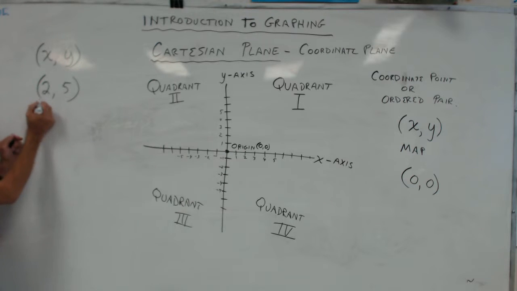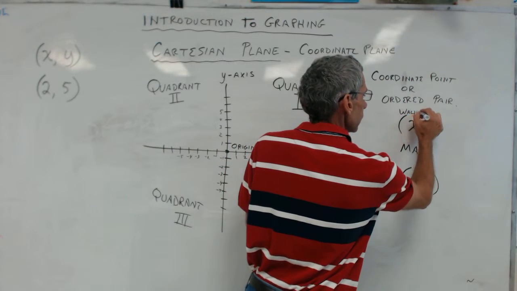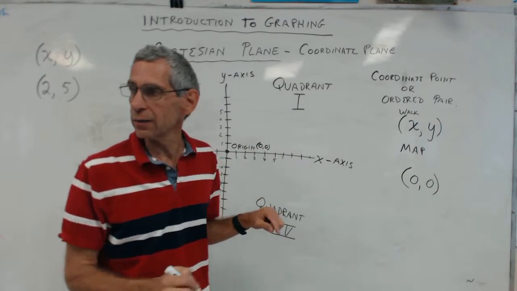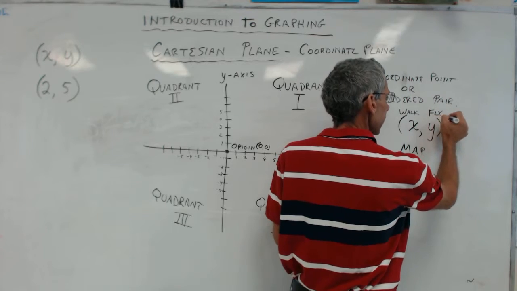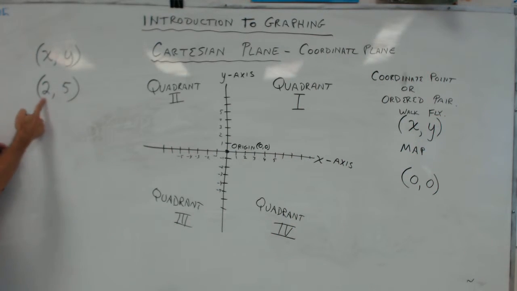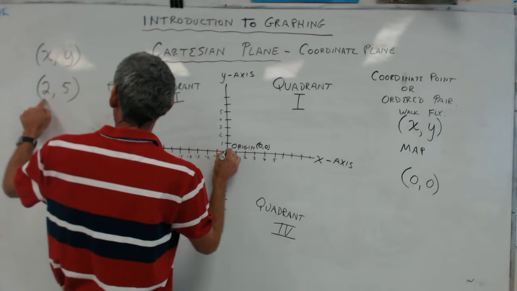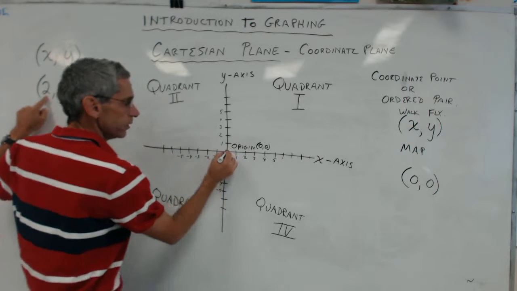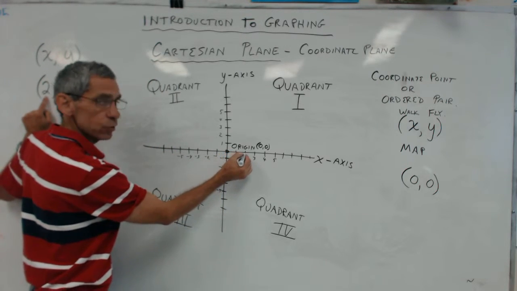Like what Zane was saying, this is your x. Your x is what you walk along the ground with, and you walk before you fly. But for your second number, you fly. So I'm starting at 0, 0, and my map says I have to walk 2 paces to the right, because positive 2 is to the right.